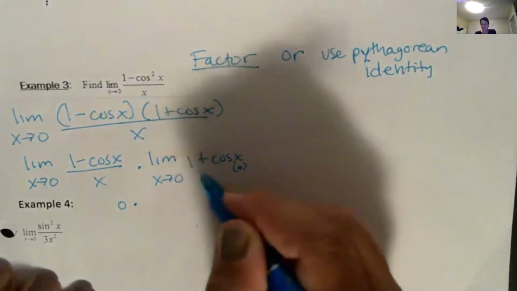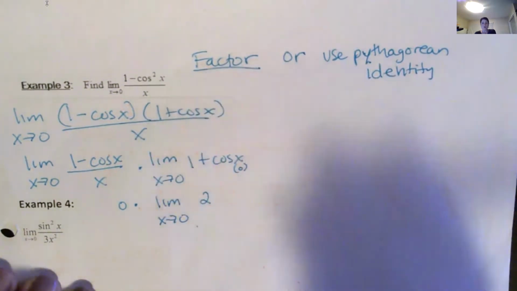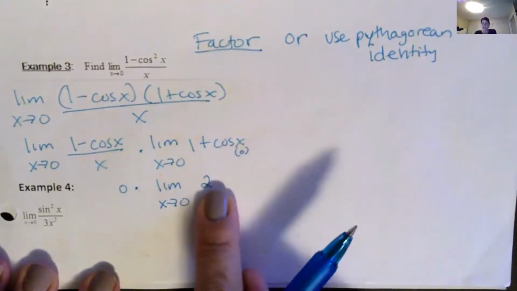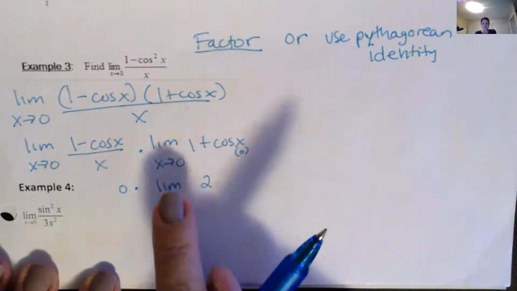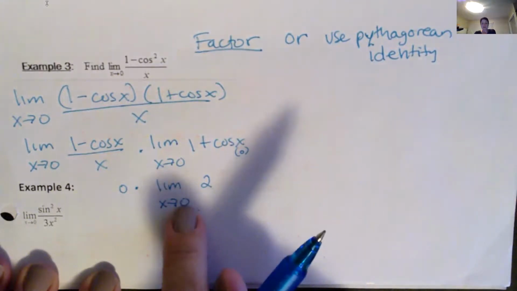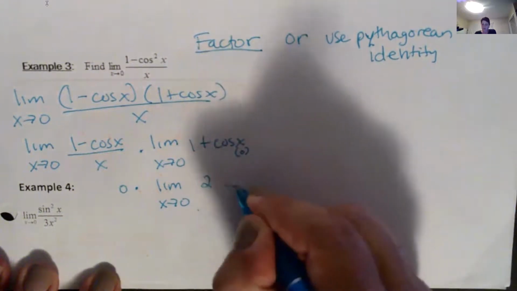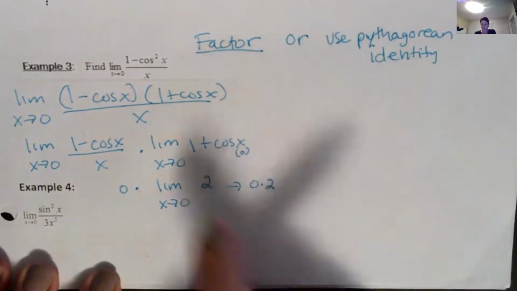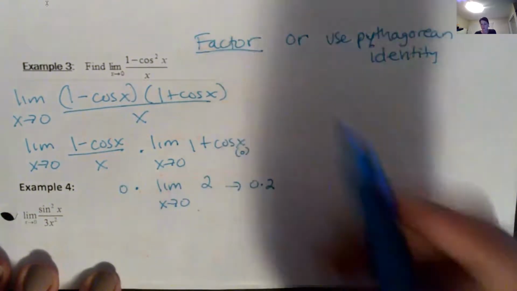So this is interesting because, let's pause for a second on that one. Since this evaluates to 2, you're taking the limit as x approaches a number of a constant, it's always the constant. So this is the same thing as 0 times, meaning this part, all of this is 2. 0 times 2, still 0.